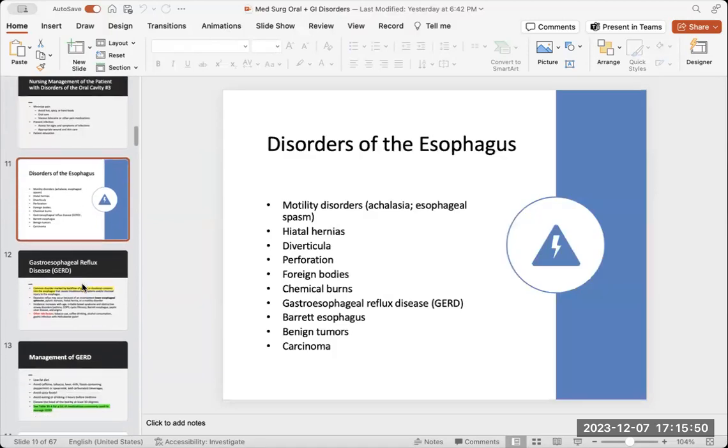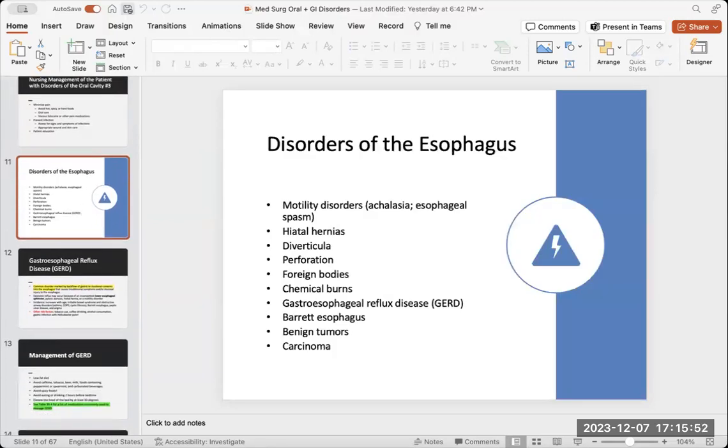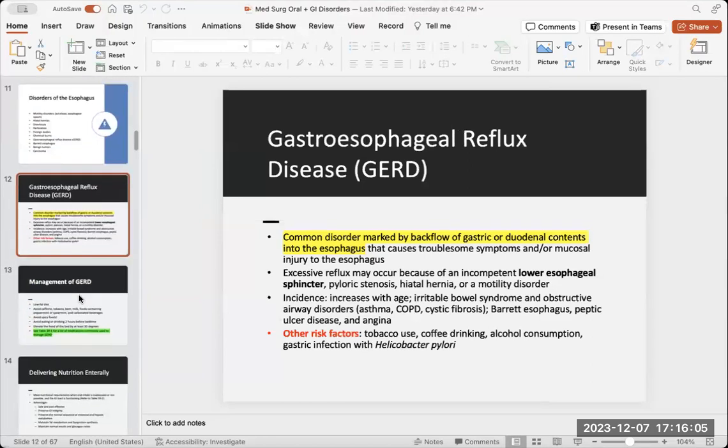So this is just some disorders of the esophagus. There's a lot of them, but one of the more important ones, or one of the ones that comes up the most, is GERD, or gastroesophageal reflux disorder. Now, with GERD, what happens is that we have two little sphincters, right? So we have one behind the mouth when you're about to enter into the esophagus to prevent food or something unnecessary from getting down there.